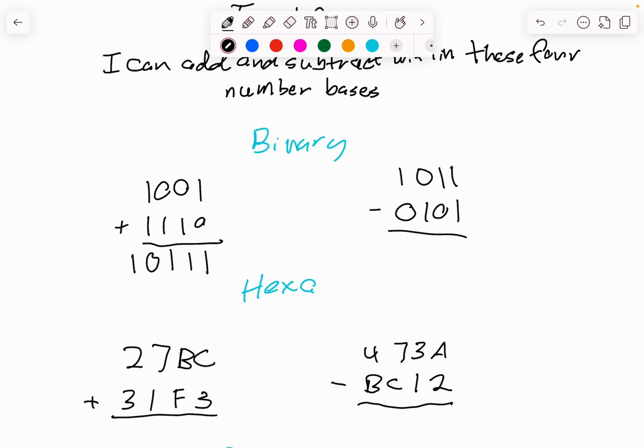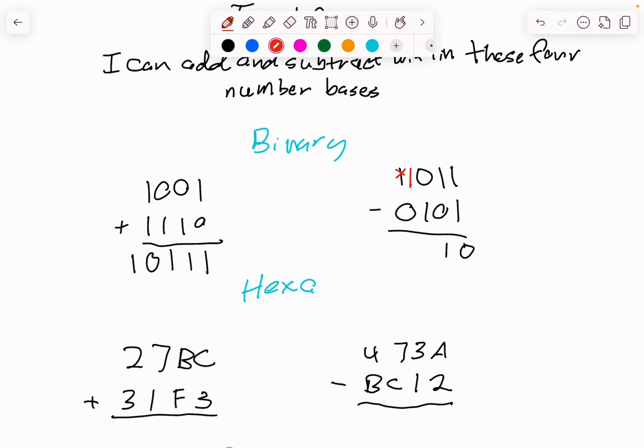For subtraction, we just do the opposite of adding. So 1 minus 1 is 0. 1 minus 0 is 1. And then 0 minus 1, we cannot do that, so we have to borrow from this 1 over here. Basically we take that away and turn this 0 into a 10, which, like I said before, is the representation of 2 in binary.